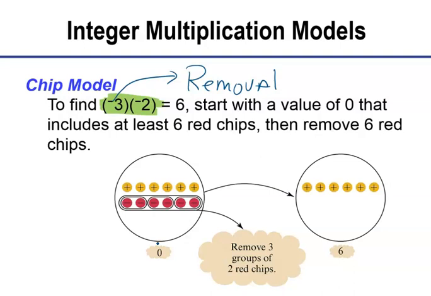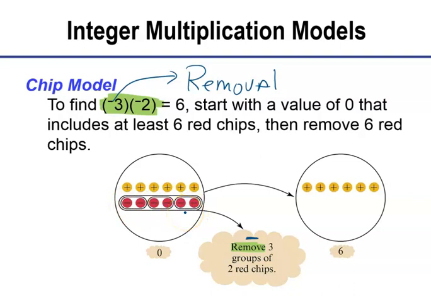Now, if you'll notice, we're modeling 3 negative 2's, okay? Not negative 3 negative 2's. The negative, again, is going to be the removal. So whenever you see the negative in front, that's remove. So that represents the negative. And then we have 3 groups of negative 2.